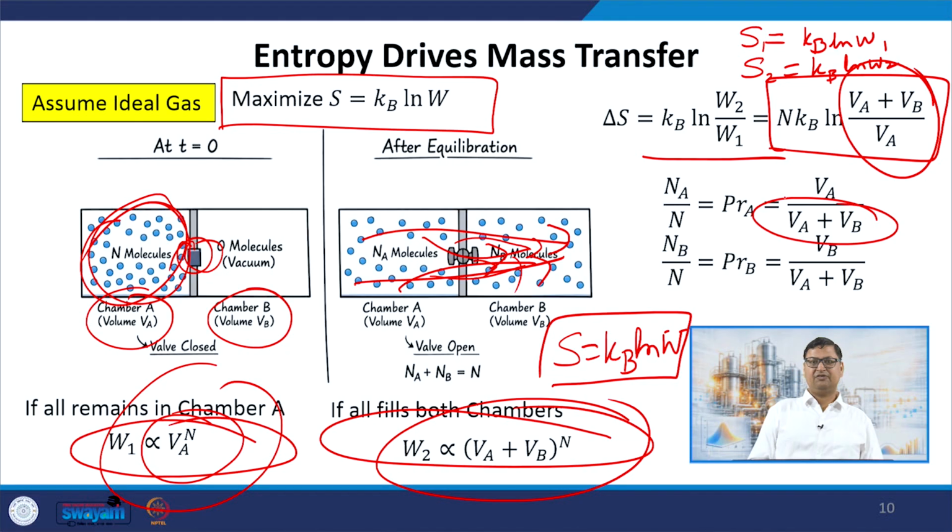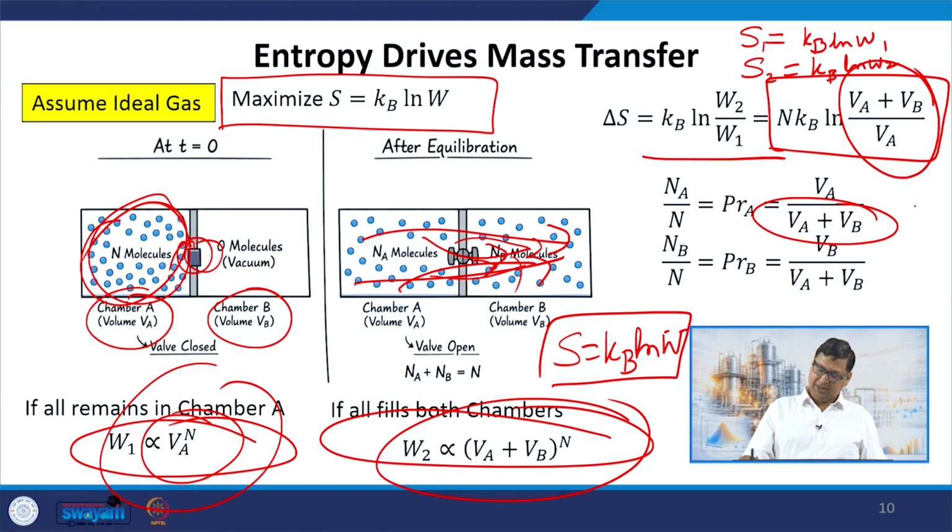So for example, if VA is much less than VB, then if the molecule remains in compartment A, it has much less room. It will go to the other compartment, because there is more room there. So whatever gives you more room, it will go there, because that increases the number of ways.